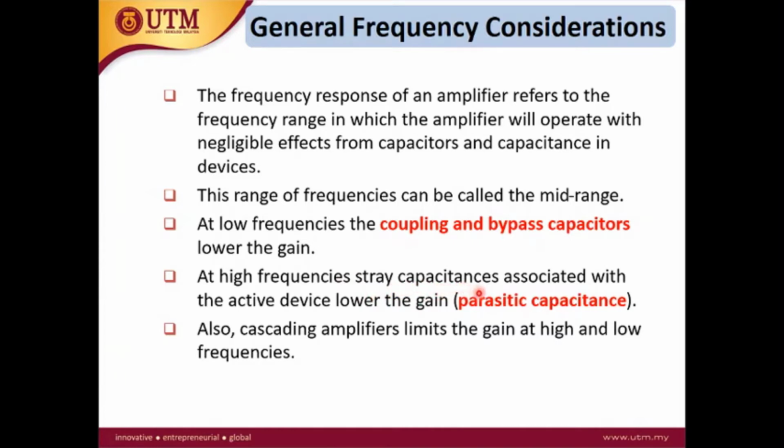Stray capacitance is a very small capacitance associated with the active device, or we call it parasitic capacitance. It is the capacitance that forms during the fabrication of the BJT at the PN junction inside the BJT.